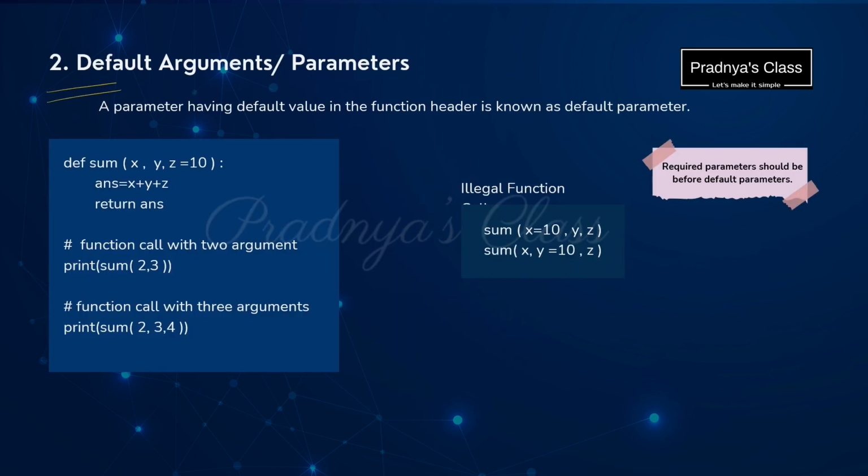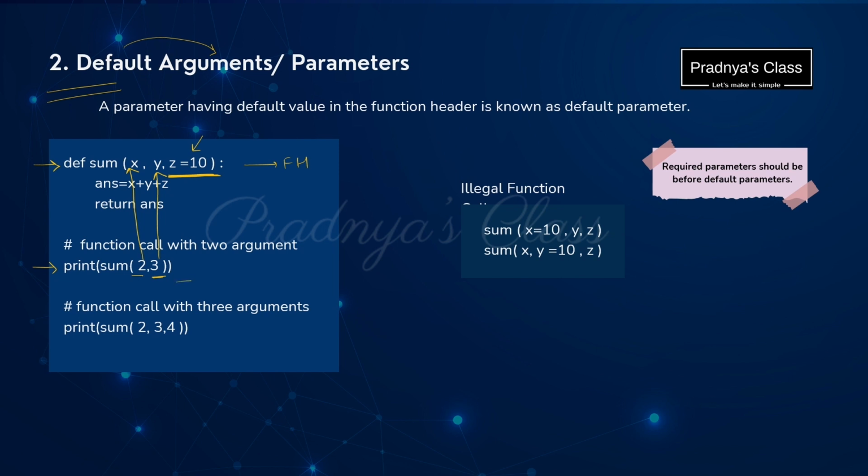Moving ahead to the second type of argument, it is called the default argument. In this case, we can provide some default value for the parameters in the function header. Here there are three parameters and we are providing a default value for z. Now look at the function call. In the first function call, we are passing only two values. So 2 will get initialized to x and 3 will get initialized to y.